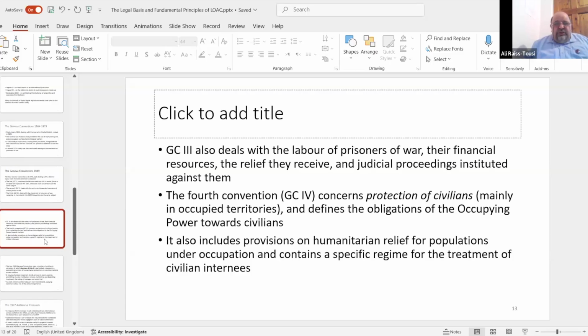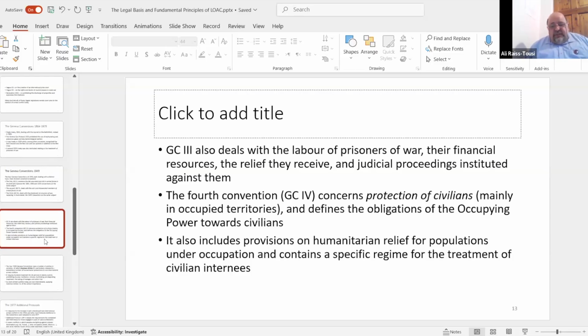It includes provisions on humanitarian relief for populations that live under occupation. So the law is clear that the civilian population of an occupied territory have no allegiance to the occupying power. Therefore, they can't be forced to be involved with the occupiers or give military assistance to the occupiers.